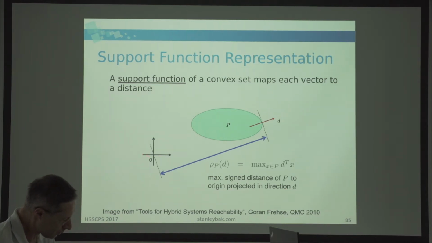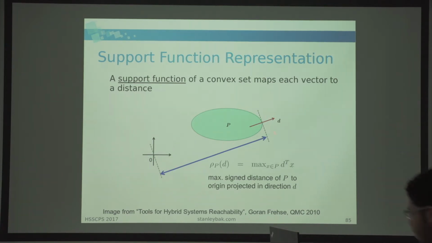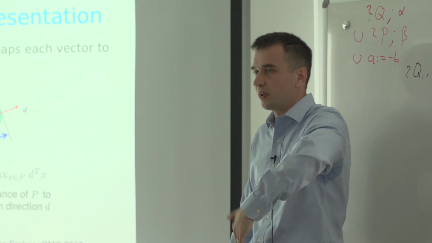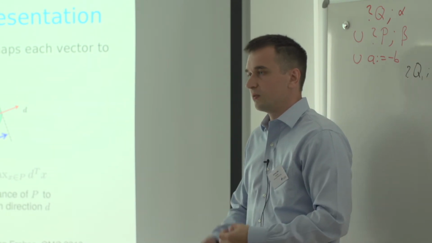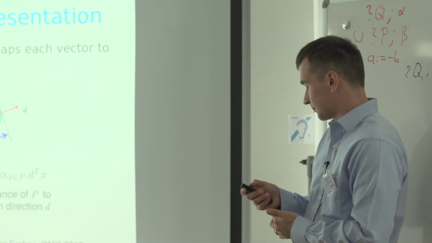So if this is the origin, you can imagine this is my direction d. How far can I move along this line and reach the outside of the set? This will be the value of the support function for this direction. And you can imagine if you do this over all directions, you'll sweep the outside of the set, and then you've defined the set of states that way.